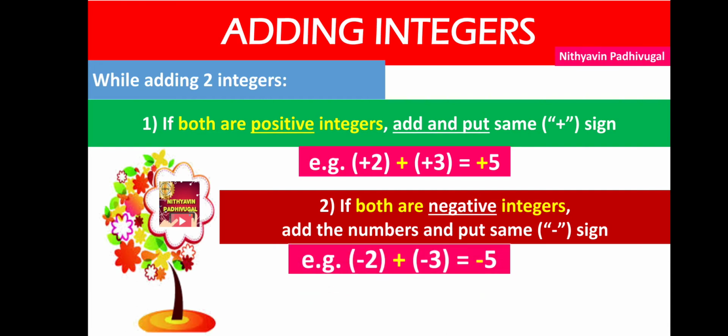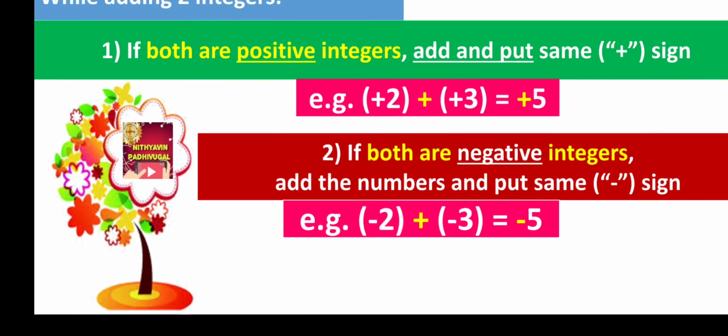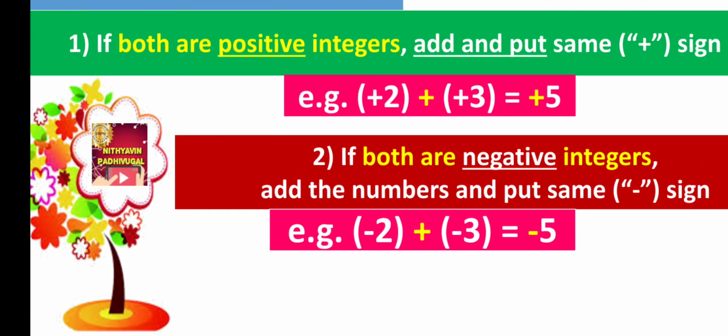Now, you are giving. Negative means you are losing. There is a loss. So, you are giving 2 chocolates to your sibling, either elder one or younger one or any cousin. You are giving 2 chocolates to your brother or sister. And then they are asking for more. 3 more.